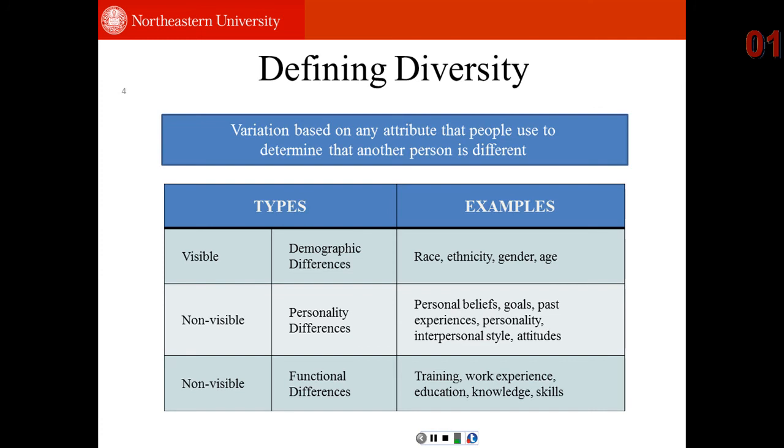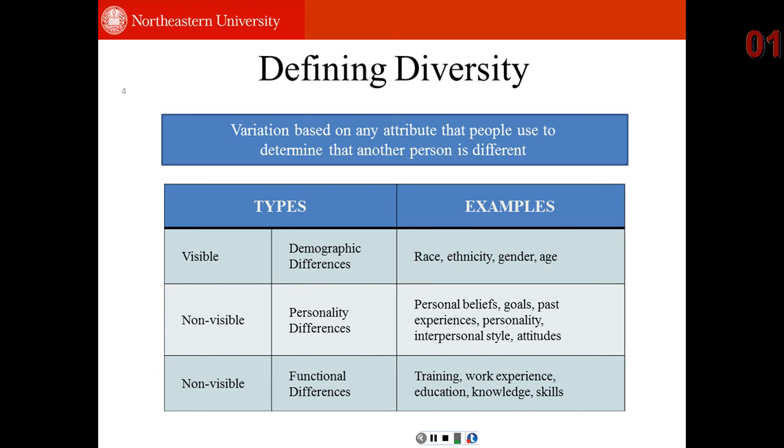So in defining diversity, basically we're looking at a variation based on any attribute that people use to determine that another person is different. And so you'll see some types and you'll see some examples, which I know you're familiar with. But being able to properly categorize them when it comes to defining diversity is important.